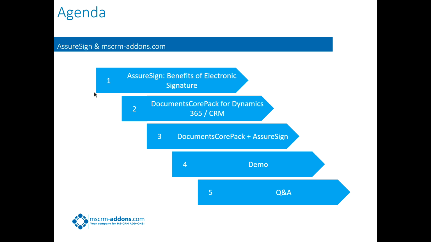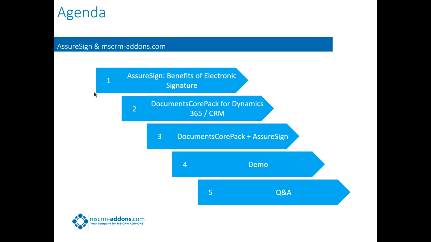So, I just kind of want to go over the agenda here. The first thing we're going to talk about is Diana's going to come in and talk a little bit about some of the benefits of electronic signatures. Then I'm going to talk a little bit about DocumentsCorePack for Dynamics 365 and CRM, just for those of you who are not familiar with it.